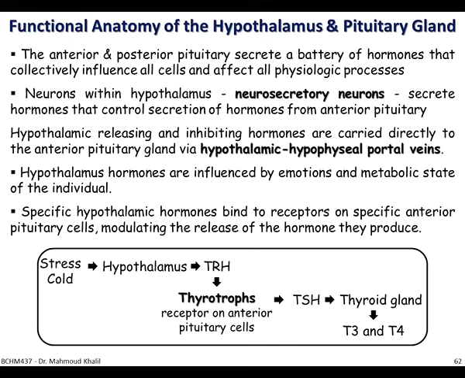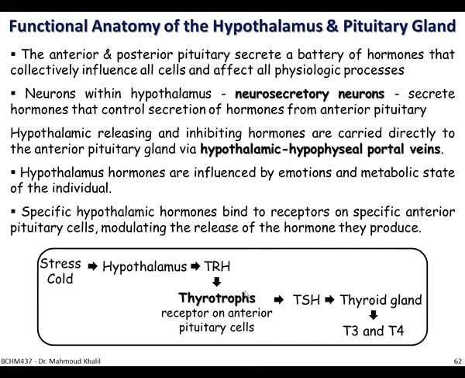As an example, in cases of stress or cold, the hypothalamus is activated to secrete one type of hormone, which is TRH, thyroid releasing hormone. This TRH released from the hypothalamus will act on special cells in the anterior pituitary gland called thyrotropes. These thyrotropes have a receptor on their surface for the TRH.